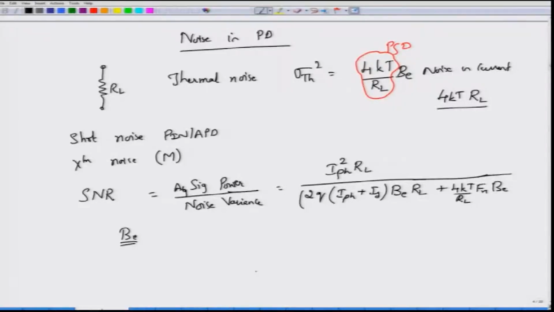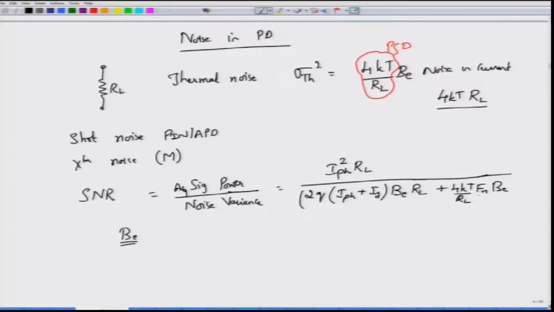It is the degradation in the signal to noise ratio that would be experienced. So, it is not just 4kT by RL, but there is a multiplication of this quantity by an additional noise factor called Fn. Okay. In fact, Fn is what is called the excess noise figure, and that represents the degradation of the signal to noise ratio at the input and the output.